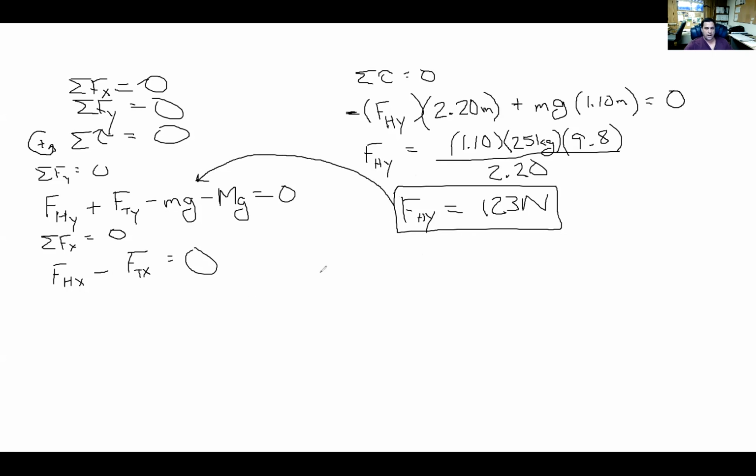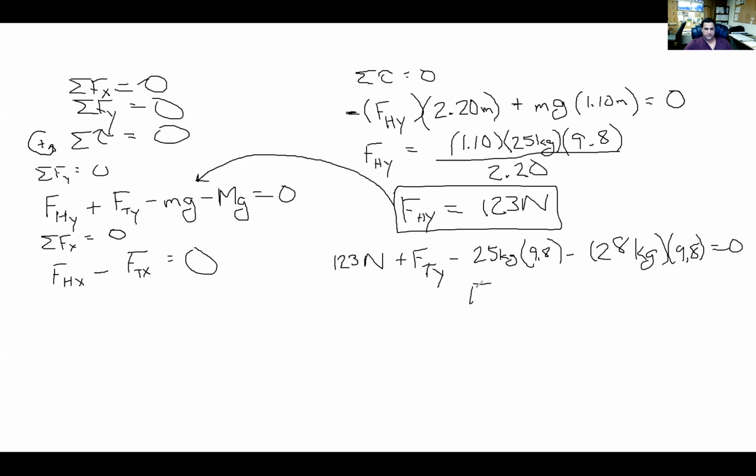My sum of forces in the Y. So I'm just going to plug that in here for this 123 newtons plus FTY minus, again, the mass of the beam, 25 kilograms times 9.8, minus the sign, 8 kilograms times 9.8 equals 0.